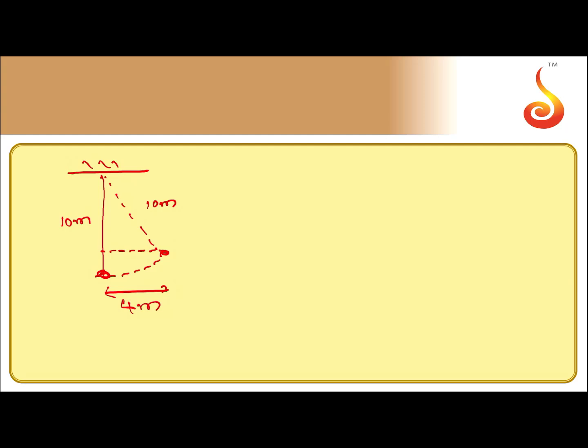Right? This is 4. So now can we find out this distance, that means the rise in the position? That is possible. If you look at this triangle, this is 10, this is 4.